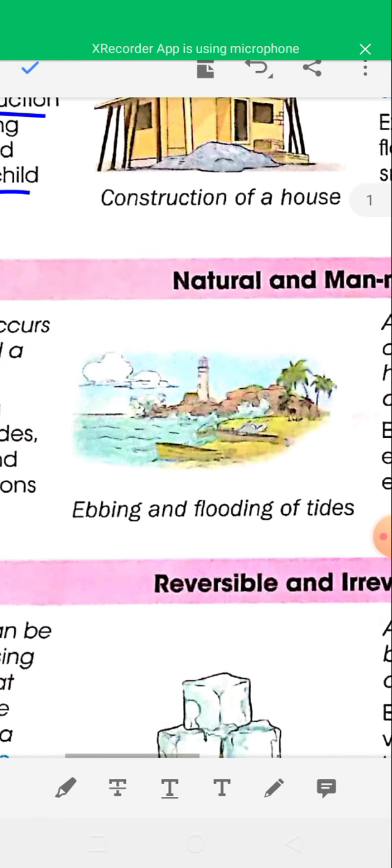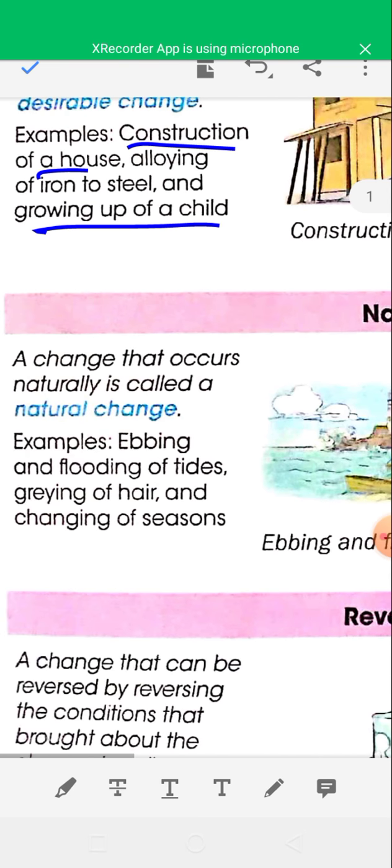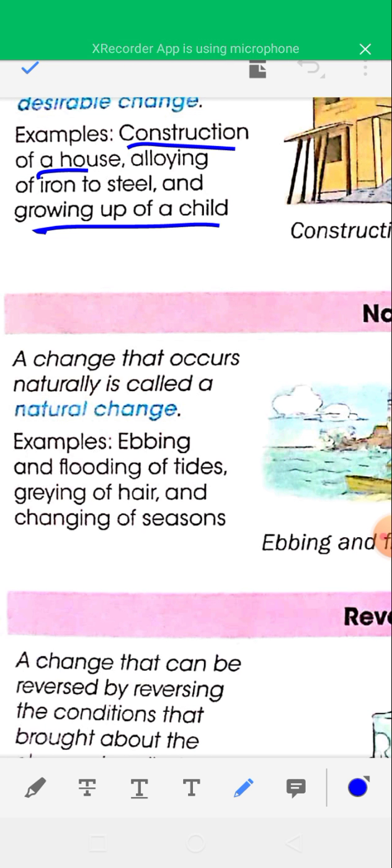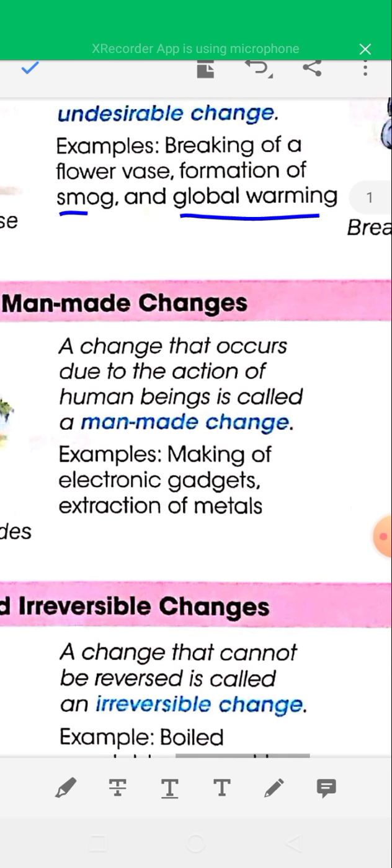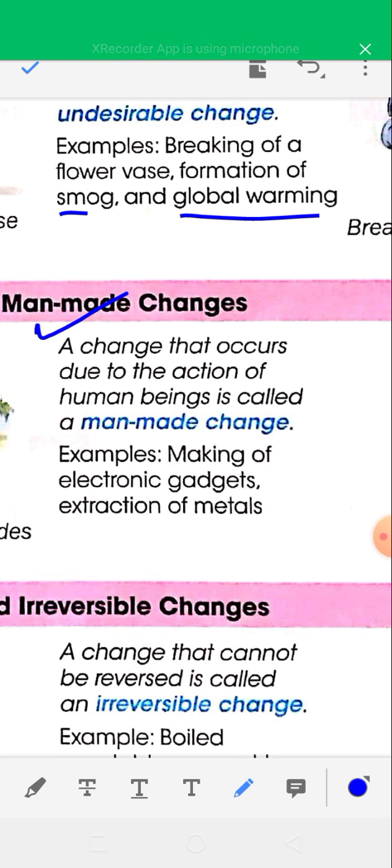Next type of change, natural change and man-made change. A change that occurs naturally is called natural change. For example, changing of season, or graying of hair. Natural change occurs without help of human beings, while man-made change is a change that occurs due to the action of human beings.